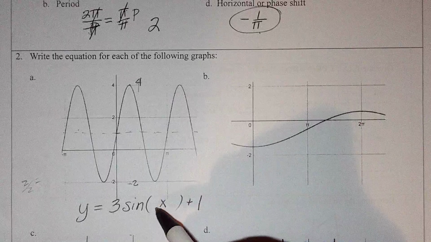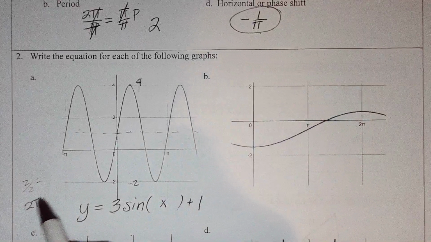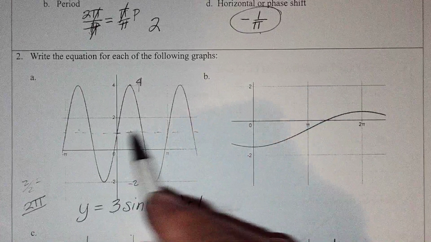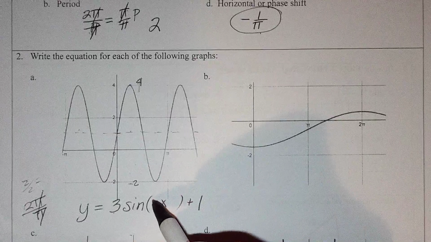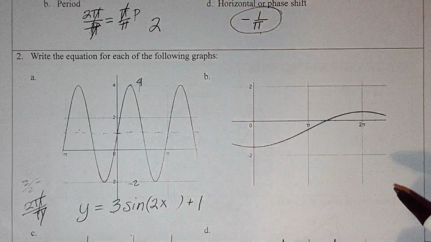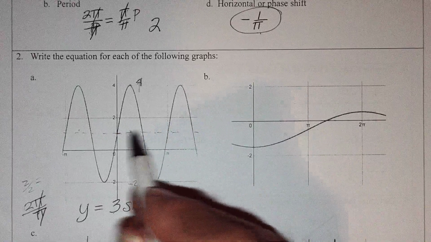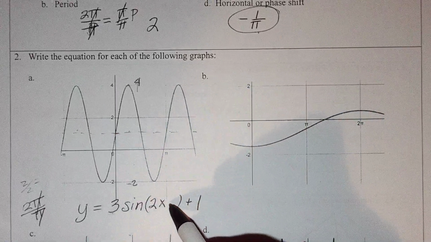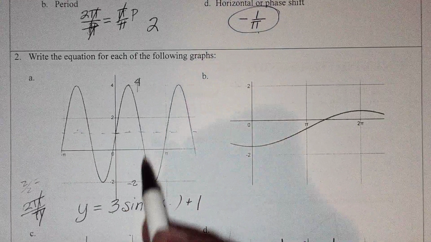To make it pi, I'm going to take 2 pi divided by the actual period, which is pi, and that says we need a 2 in front of there. And if I use the sine, I don't have to shift it sideways, so I don't need a phase shift. So that would be the equation for this one.